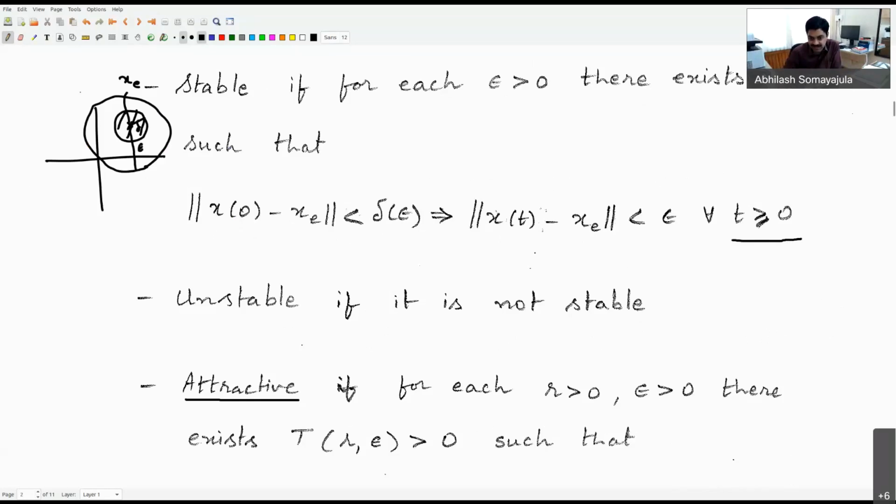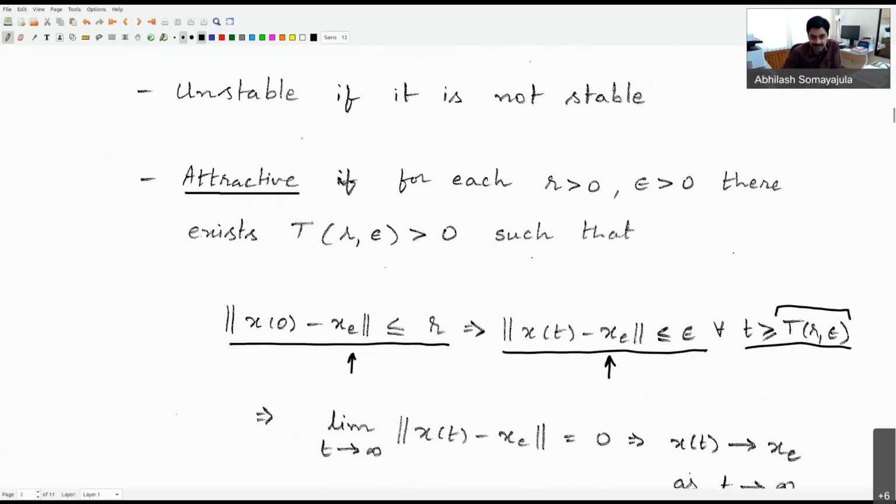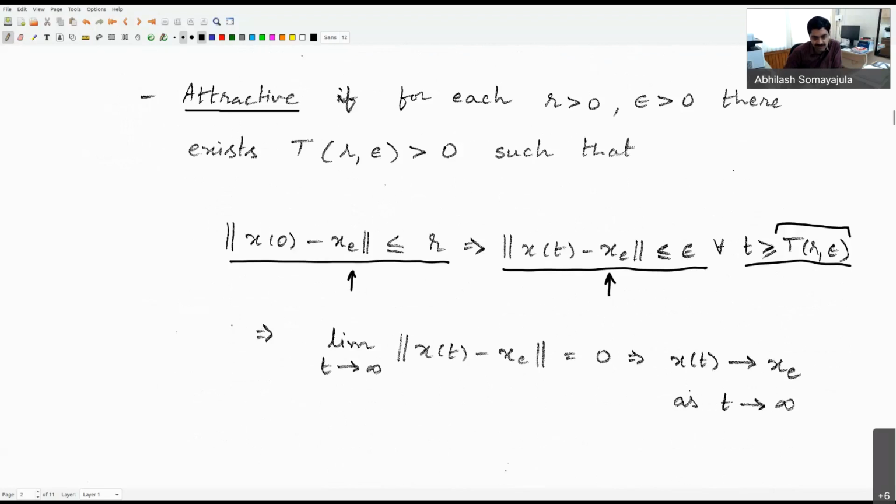Here we are saying that the system is attractive if there exists a T such that the initial condition being less than r implies that the state is less than epsilon for all time greater than this value of T, which depends on r and epsilon. A corollary is that, what this statement probably is not directly telling you, is that we intend for this system to reach the equilibrium point as time tends to infinity. That is when we call the system attractive.